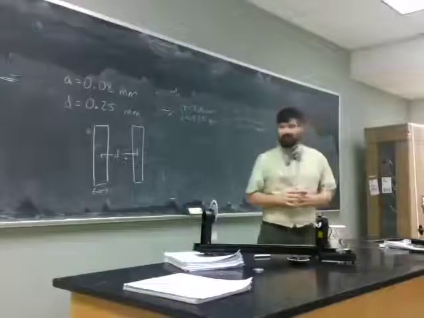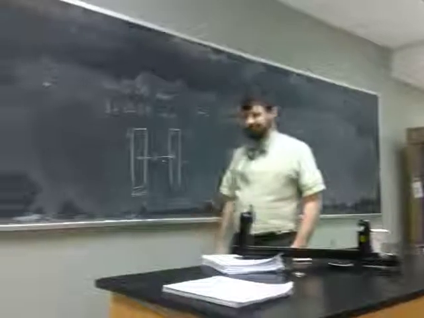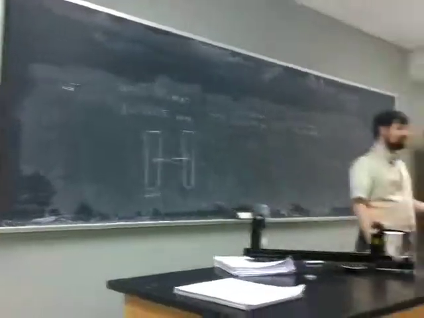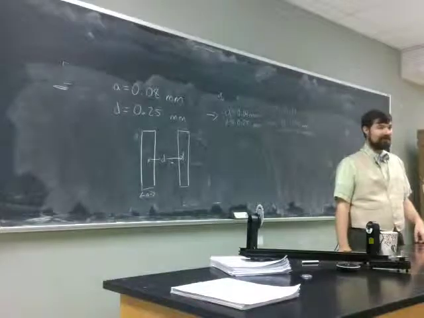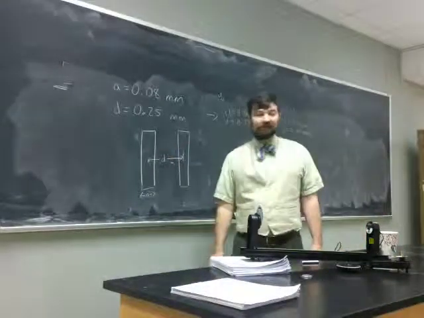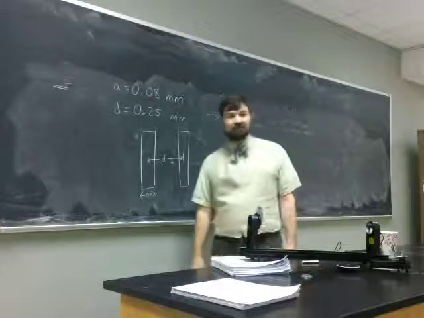Basically, the two things that we're looking at are what are called diffraction and interference. With the pair of slits like this, the main thing we're looking at is what's called the double slit interference pattern. But each single slit individually also gives us a pattern. It's called the diffraction pattern.